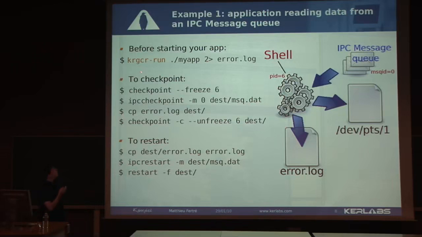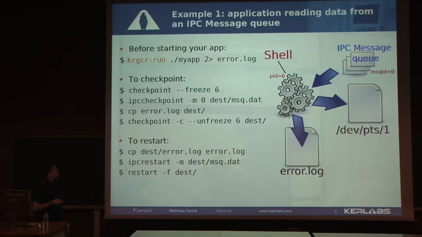So you just add this at the beginning of your command line. Unlike the BLCR checkpointer, it's not to do some hijacking of your process. In BLCR, for example, there is a similar way to run your application, but the goal is to make your application load some library without knowing it.